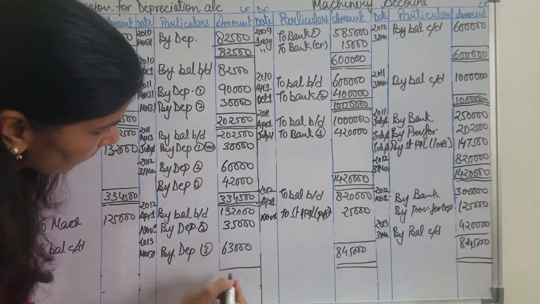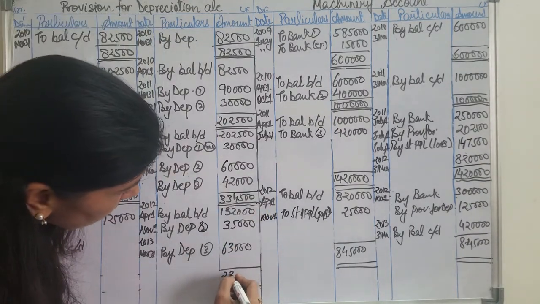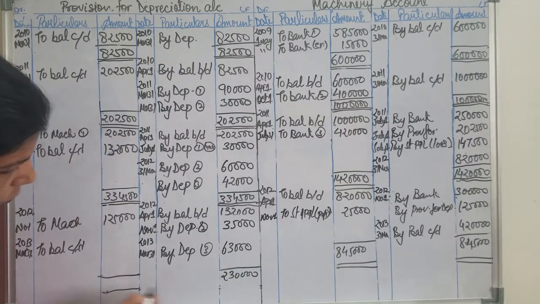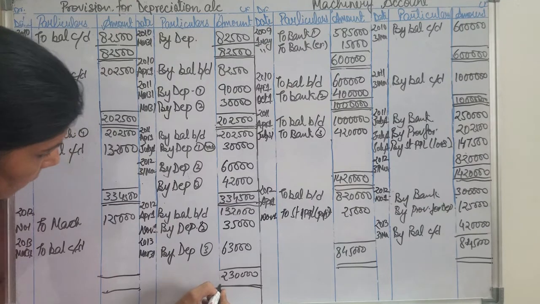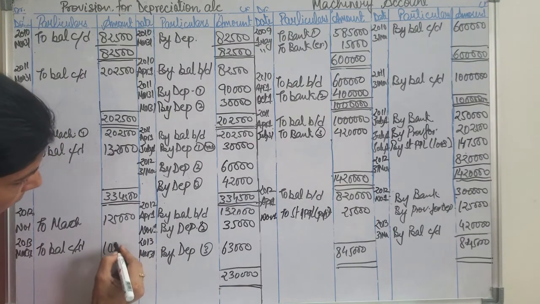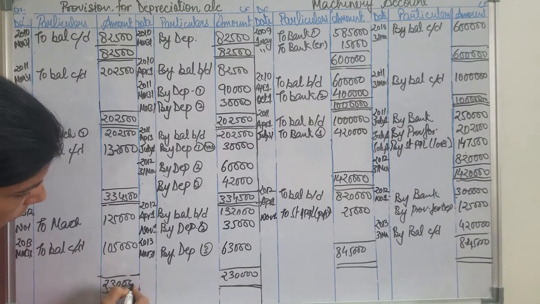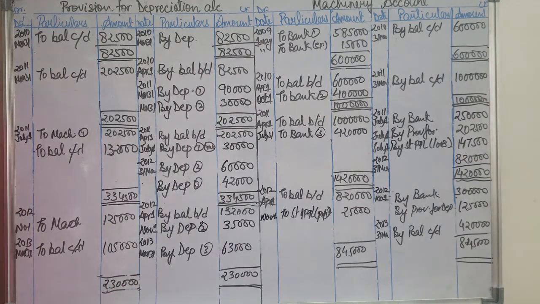Now let's see, it's 2,30,000 this side, and to make 2,30,000 this side, we have to add 1,05,000, right? So it's 2,30,000 here also. So this is how we prepare provision for depreciation account and machinery account.